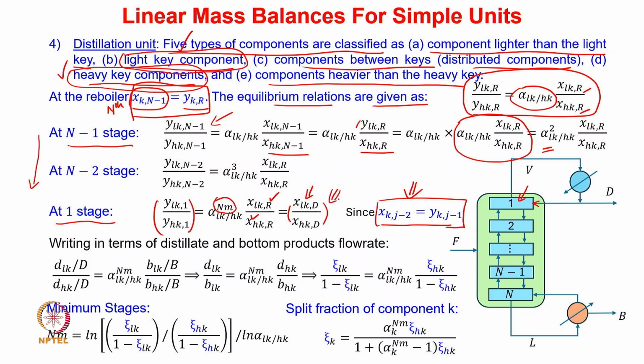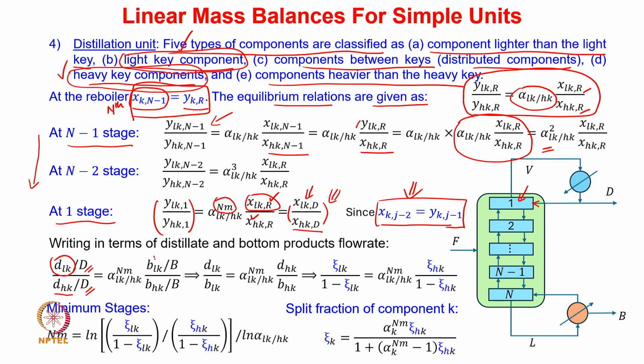Now this particular equation is further simplified. So xlkd is nothing but what? It is nothing but molar flow rate of the light key component in the distillate divided by total amount of distillate, isn't it? Similarly xhkd will be what? It will be nothing but the molar flow rate of the heavy key component in the distillate divided by the total amount of distillate, isn't it? Similarly xlkr is nothing but what?